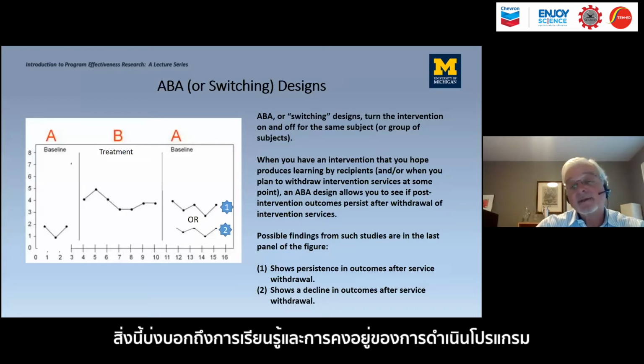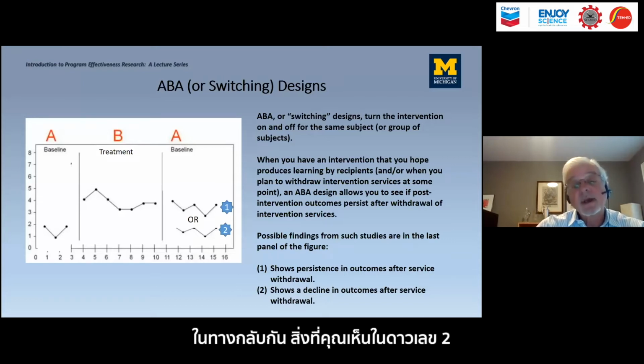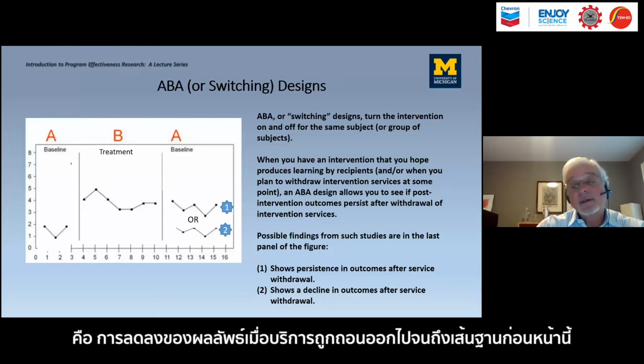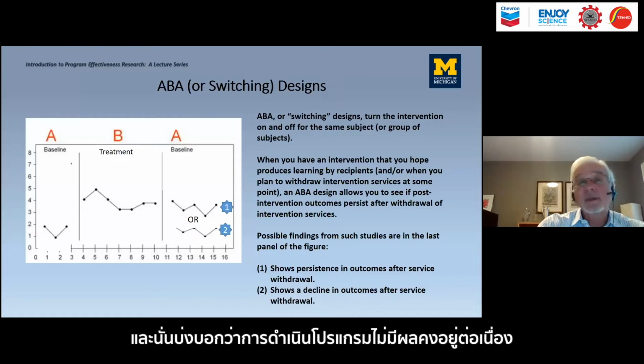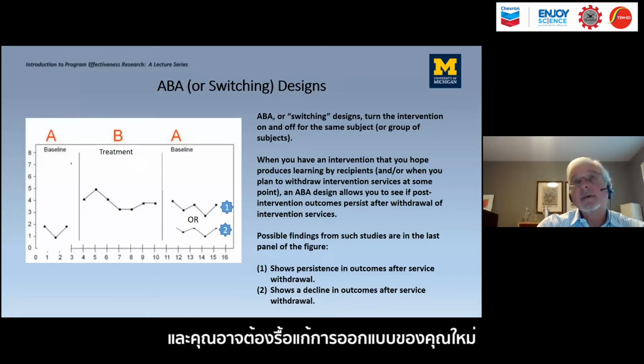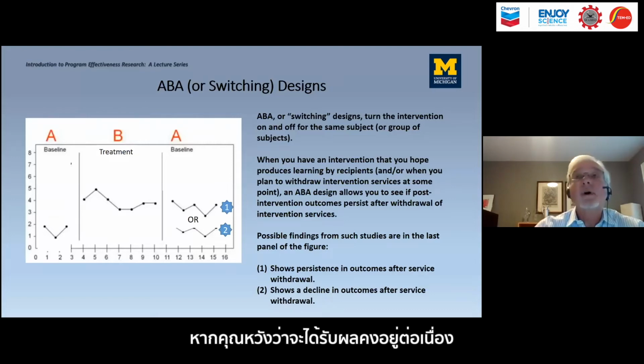And that suggests learning and persistence of the intervention. On the other hand, what you see in the little star 2 is a decline in outcomes once service is withdrawn to the earlier baseline, and that suggests that the intervention does not have persisting effects. And you may need to fiddle with your design if you hope to achieve persisting effects.